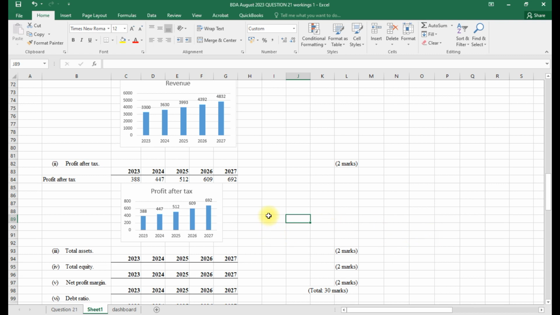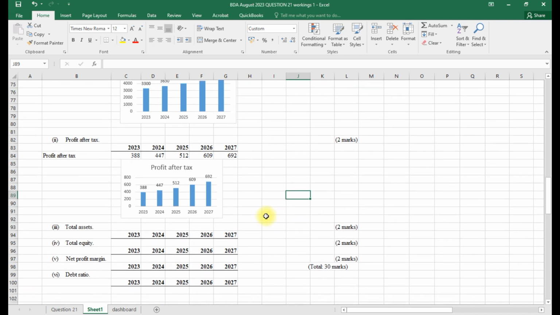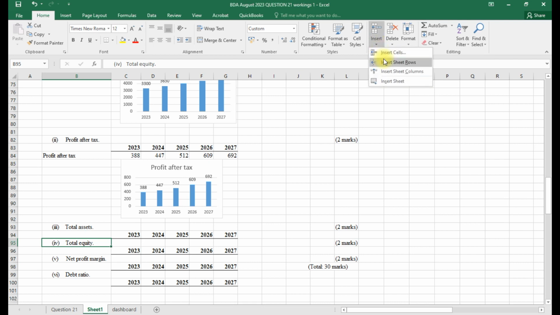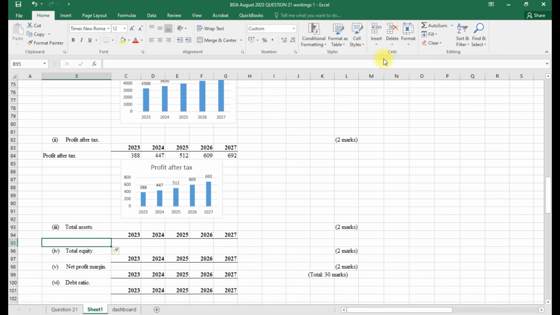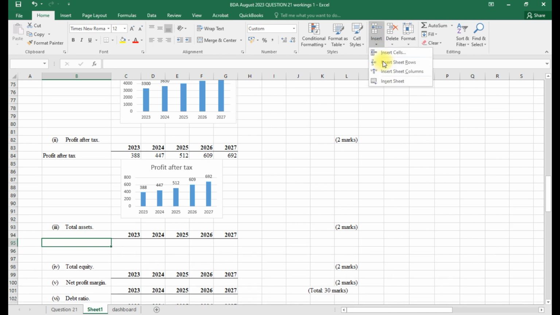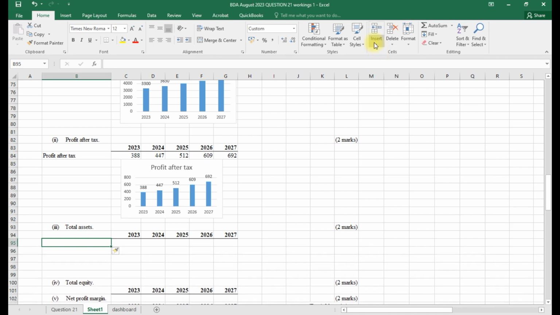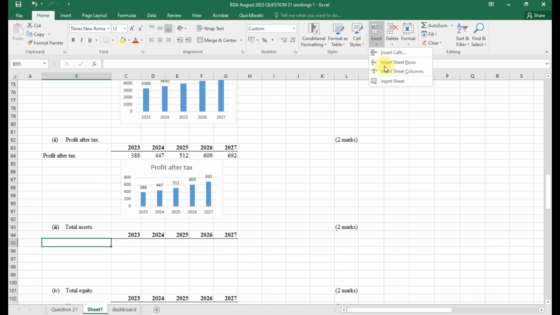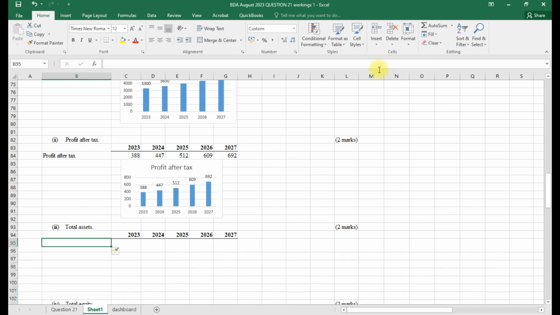And then the next one is the total assets. We'll insert a row here, another 5 of them to create a good space for the work.